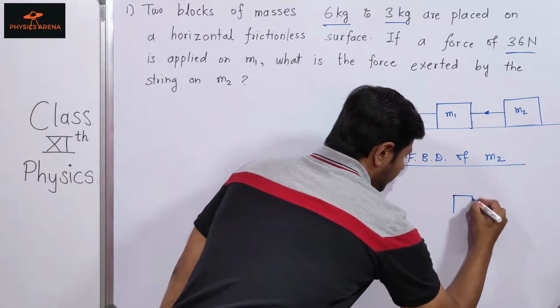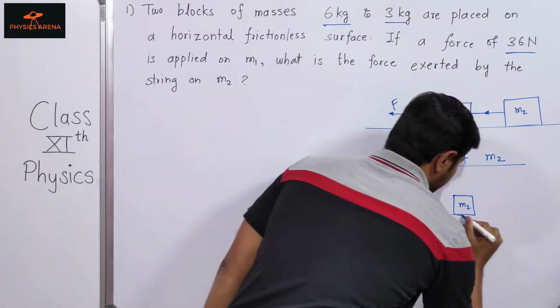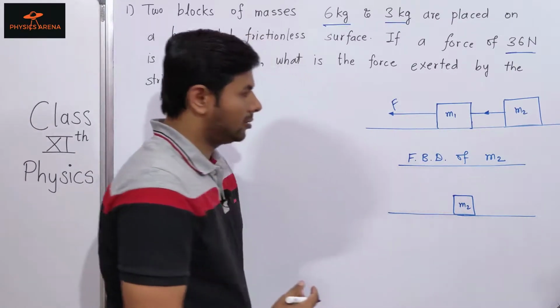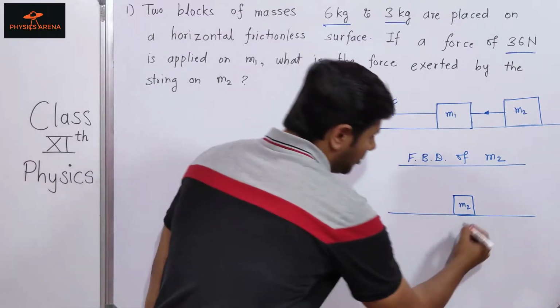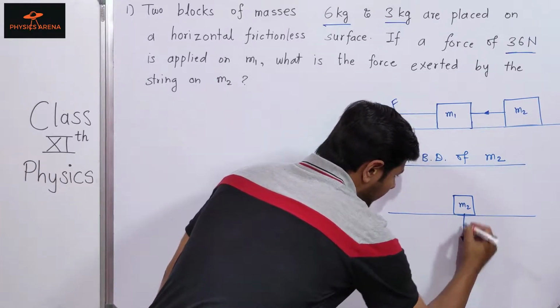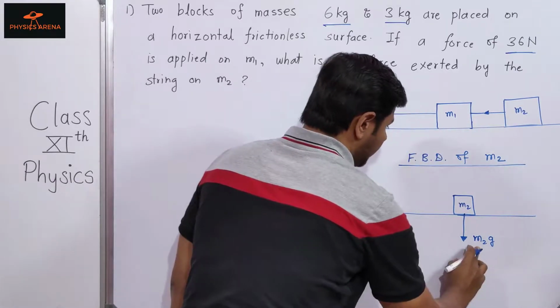So this is m2. Then what are the forces acting on m2? One is obviously the weight of m2, or the gravitational force, which acts downwards and has magnitude m2 times g.